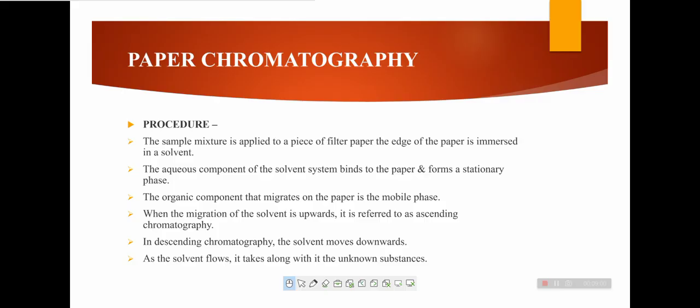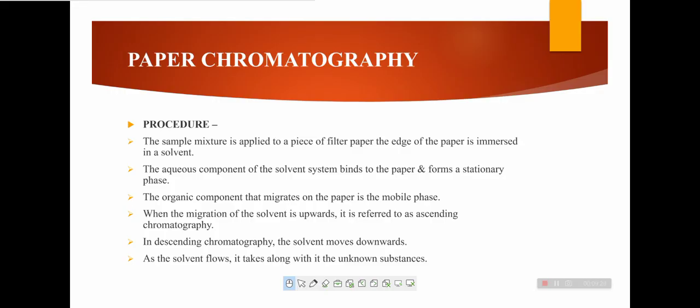Now, let's have a look at the procedure of paper chromatography. In paper chromatography, a horizontal line is drawn near one end of the paper. The sample to be separated is placed as a small drop or line onto the paper using a capillary tube.